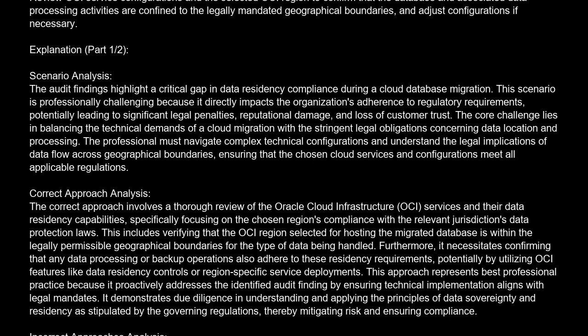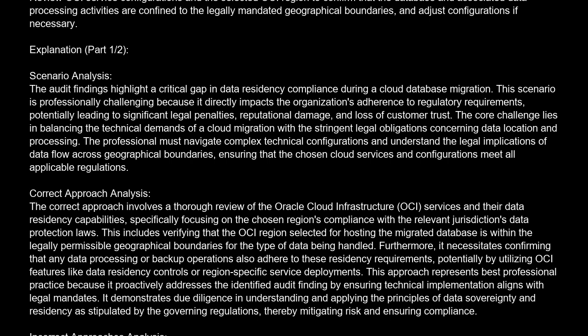This approach represents best professional practice because it proactively addresses the identified audit finding by ensuring technical implementation aligns with legal mandates. It demonstrates due diligence in understanding and applying the principles of data sovereignty and residency as stipulated by the governing regulations, thereby mitigating risk and ensuring compliance.